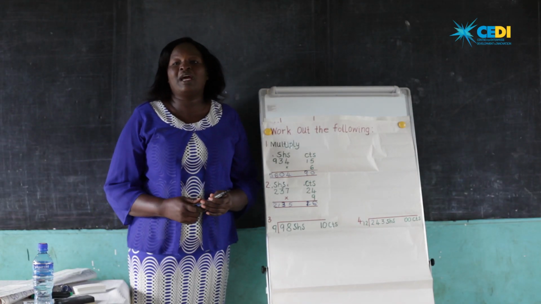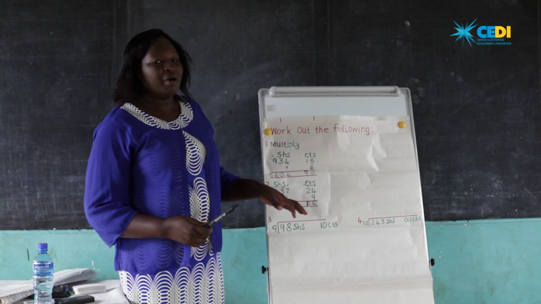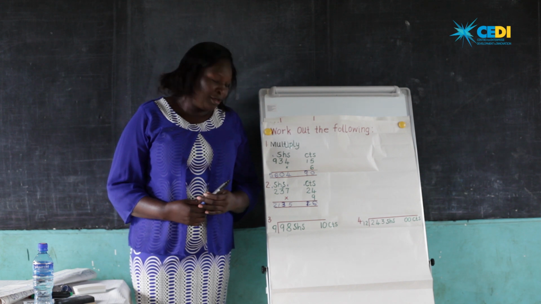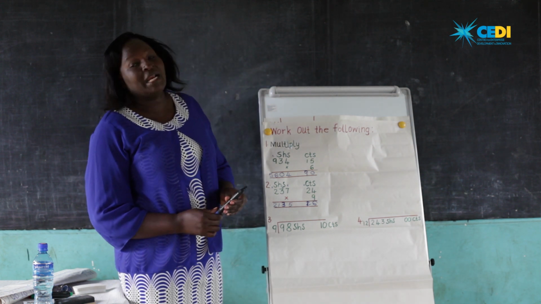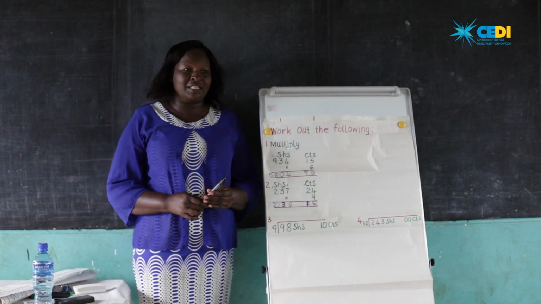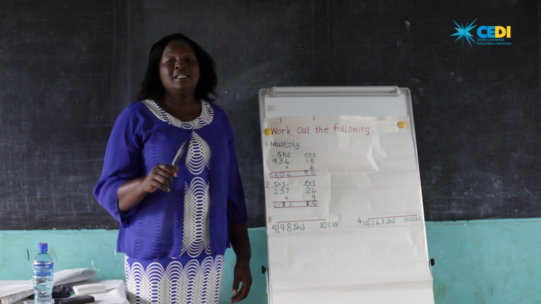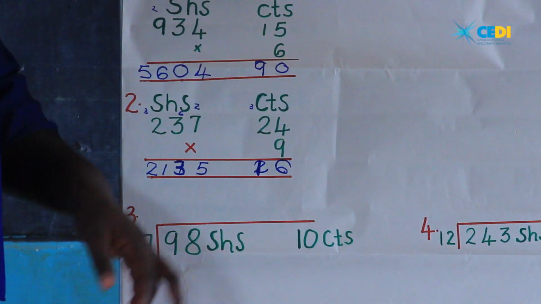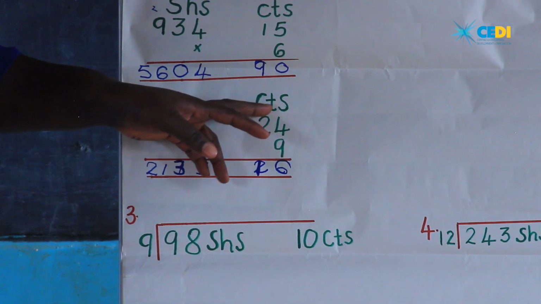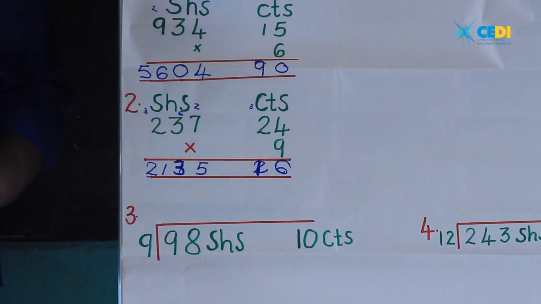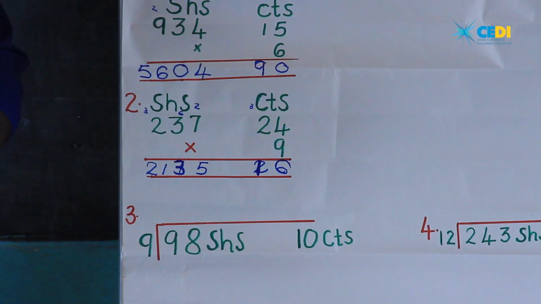We are not going to write the 216, but we are going to change it into shillings and cents. So when we change 216 into shillings and cents, we are going to get 2 shillings and 16 cents. So 16 we are going to write in the cents column. Then we are going to carry 2 to the shillings column.